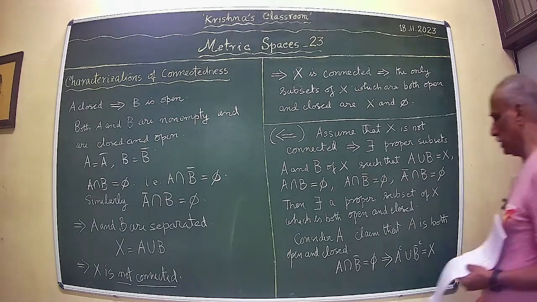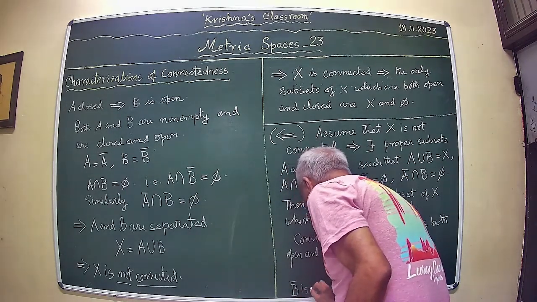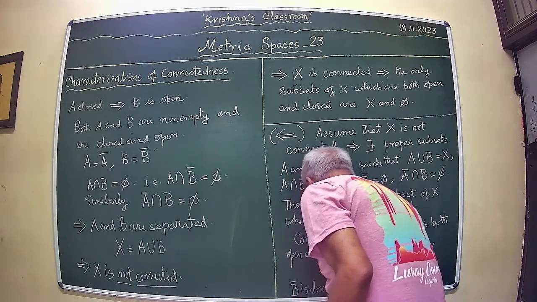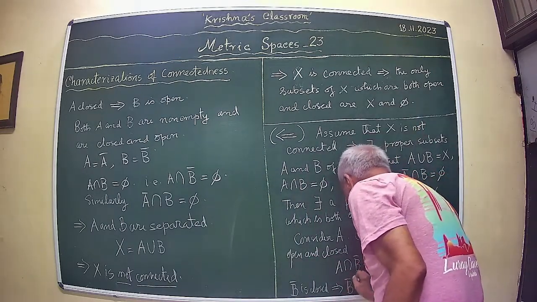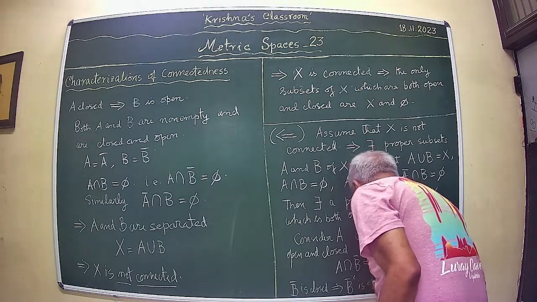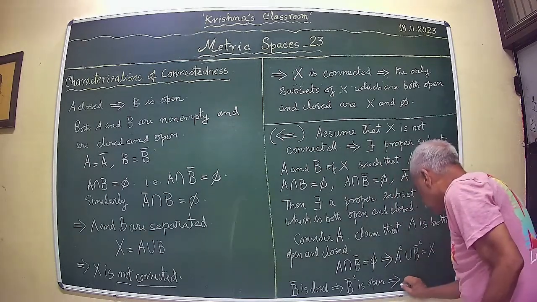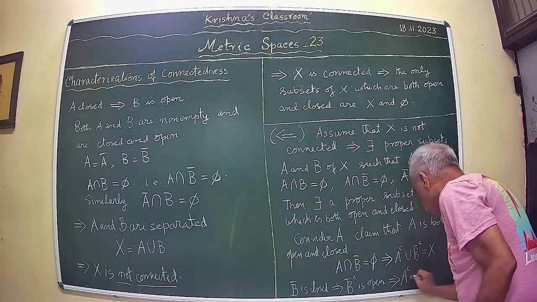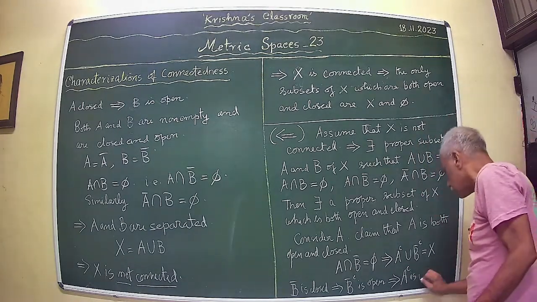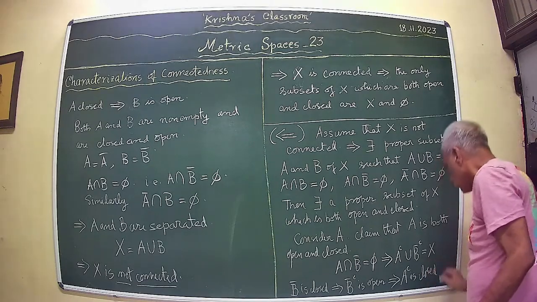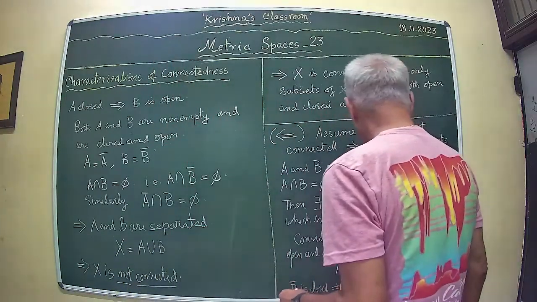Okay. Now B closure is closed, which implies B closure complement is open, which implies A closure is closed, sorry, A complement is closed.